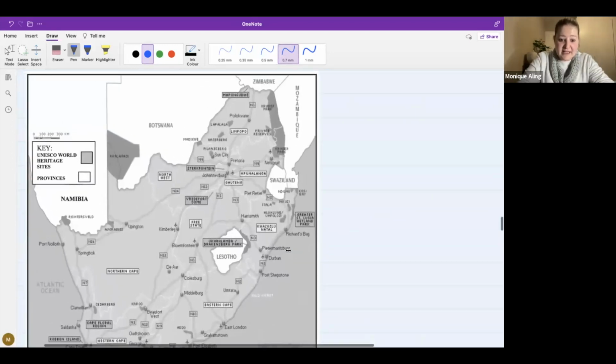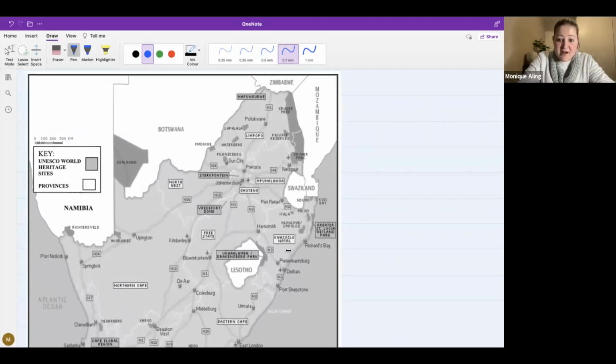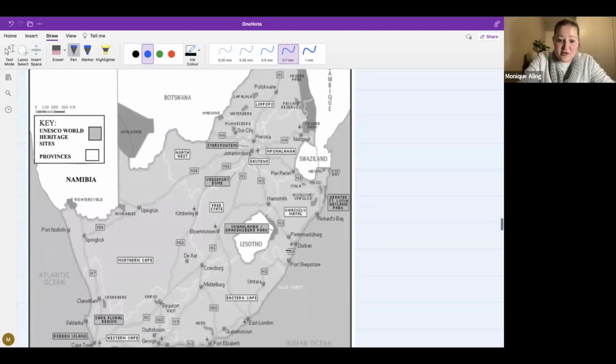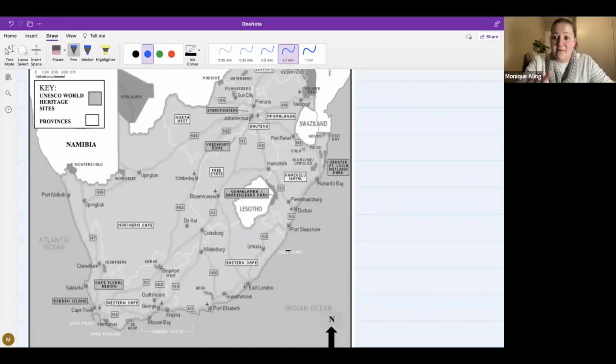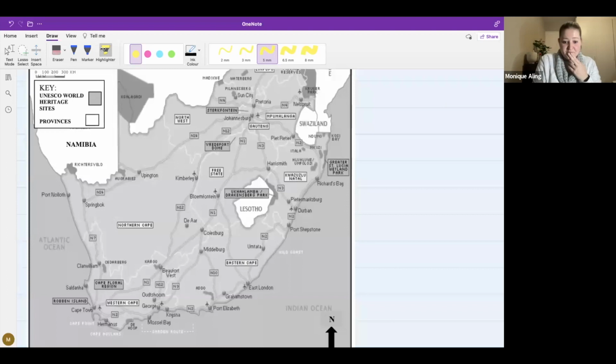We can see a lot of the main towns in this map. So just quickly, whenever you are given a map, just look for the places that they've mentioned in the question. So Beaufort West, just so we know, is at the bottom here in the Western Cape, and he's going to Johannesburg, which is up here.